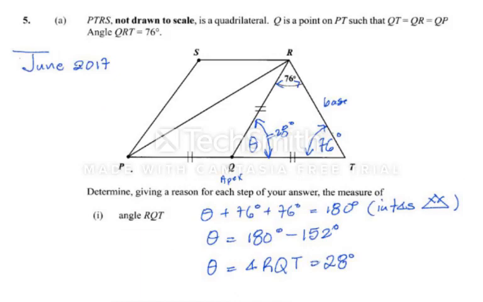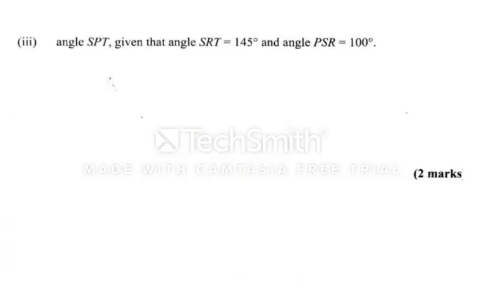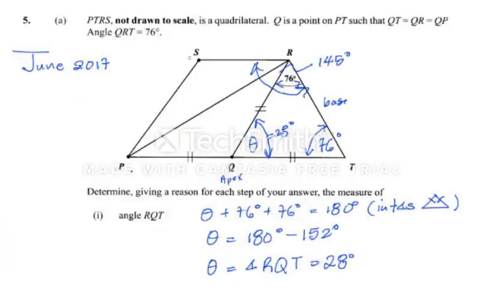So we're told that angle SRT, that's this entire angle here, is 145 degrees. We're also told that angle PSR is equal to 100 degrees. So angle PSR, that will be this angle here, is equal to 100 degrees.